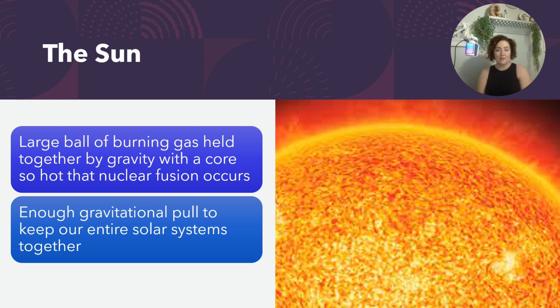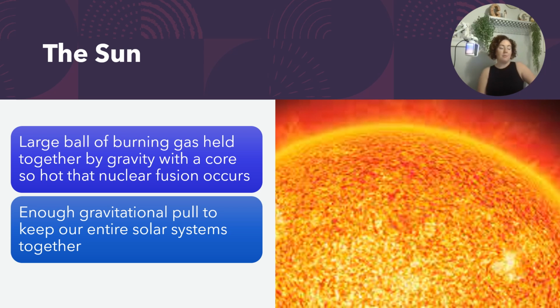Because the sun is so massive, it's 99.8% of the entire mass of our solar system. That leaves only 0.2% to everything else in our solar system. So it's massive compared to anything else. You can't even put everything else together and have it equal the mass of the sun.